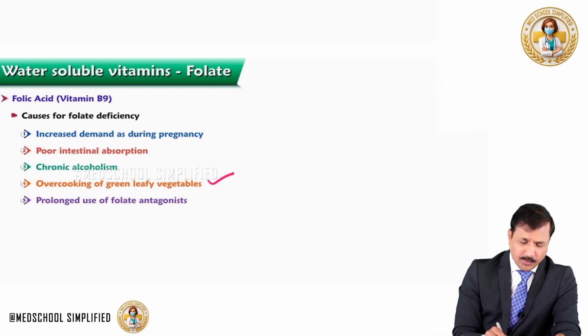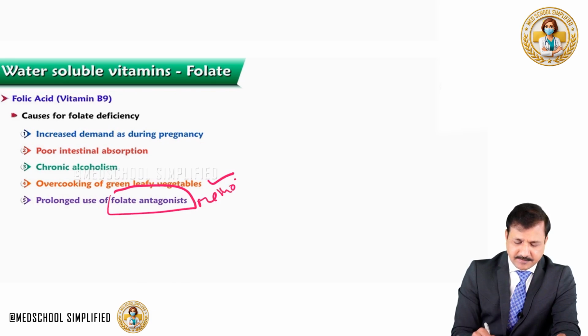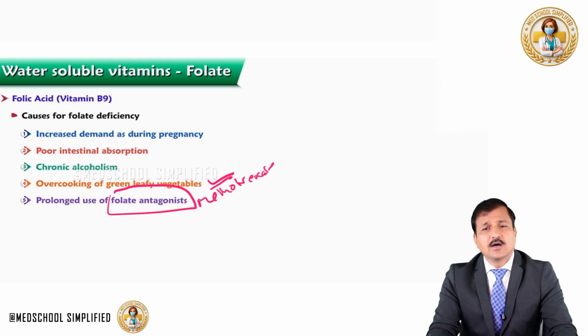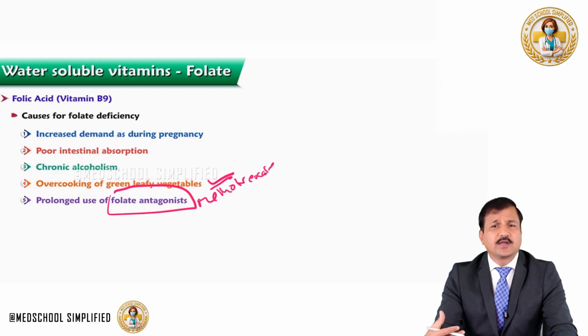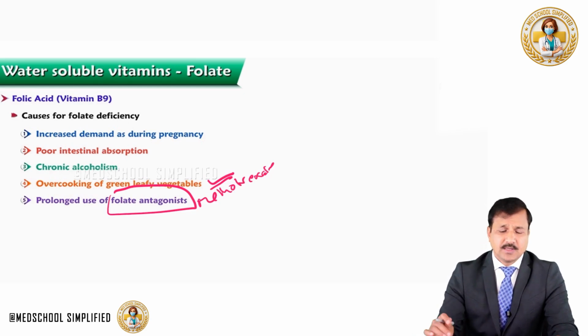And also prolonged use of folate antagonists like methotrexate. Prolonged use of methotrexate may put a person at risk of folic acid deficiency. Not just methotrexate, it can be aminopterin, amitriptyline, trimethoprim. All these agents, whenever used for a long period of time, will put a person into folic acid deficiency.